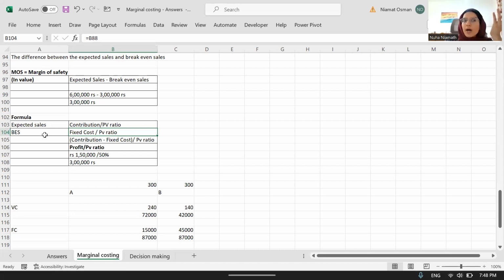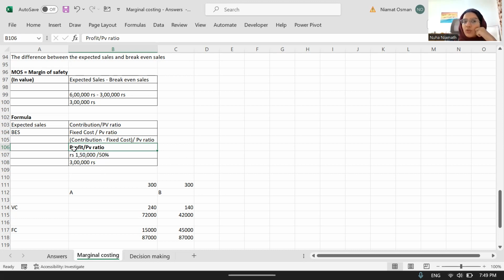So that way, margin of safety will be profit divided by PV ratio. Because expected sales minus break-even sales is margin of safety. Contribution by PV ratio is expected sales. Fixed cost by PV ratio is break-even sales. So contribution by PV ratio minus fixed cost by PV ratio will give me profit by PV ratio. This is our formula for margin of safety.